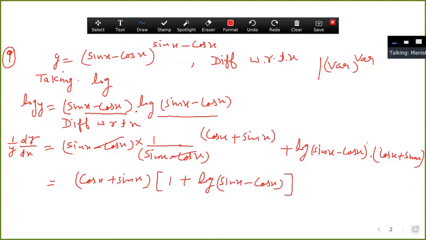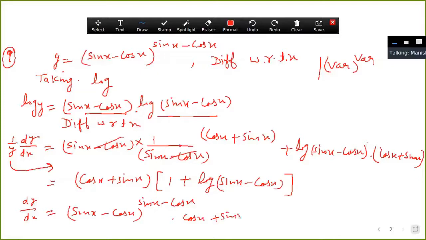Further, dy upon dx is equal to, shifting the y to the right hand side and putting the value of y, (sin x minus cos x) to the power (sin x minus cos x), into cos x plus sin x into 1 plus log of (sin x minus cos x). This is the answer.